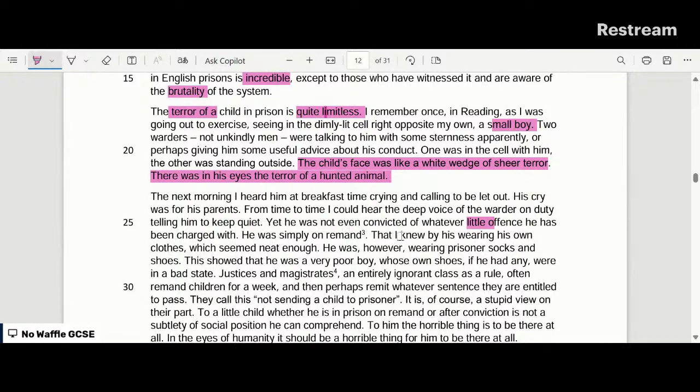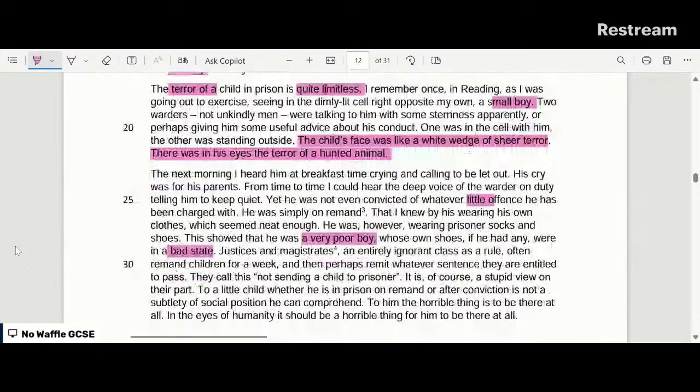He was simply on remand. That I knew by his wearing his own clothes. Continuing, he was a very poor boy. Again, the amplifier, very there. In a bad state, justices and magistrates, an entirely ignorant class, as a rule, blah blah blah, to a little child again.